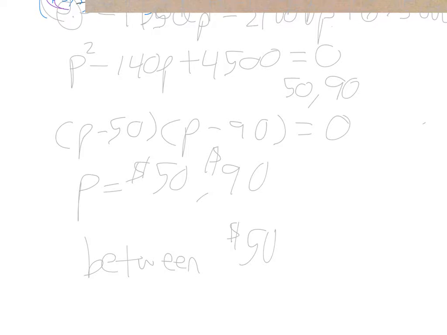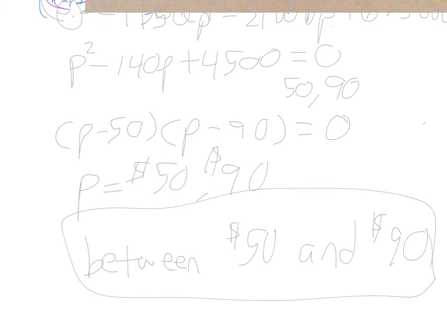That means in order to get exactly $675,000 in revenue, they should charge $50 or $90. But since we want at least that much revenue, they should charge between $50 and $90 per calculator.